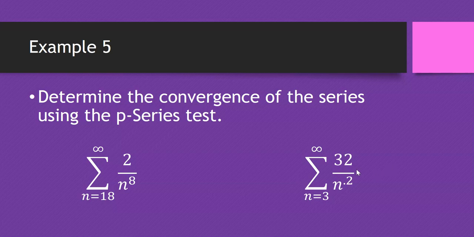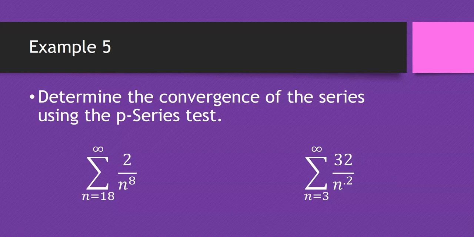And similarly, 32 over n to the 0.2, starting our count at 3. All we have to do is say, oh, that's a p series with p equal to 0.2, p is less than 1, and therefore this infinite series is going to diverge.